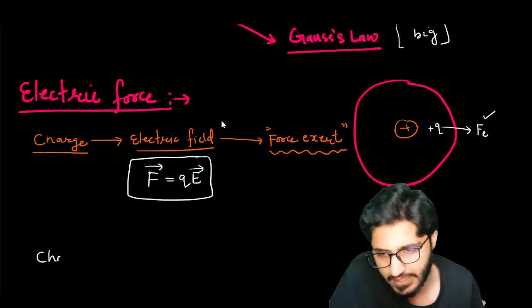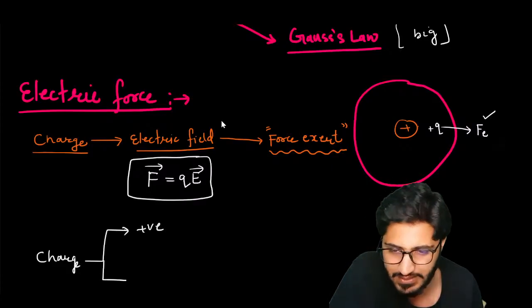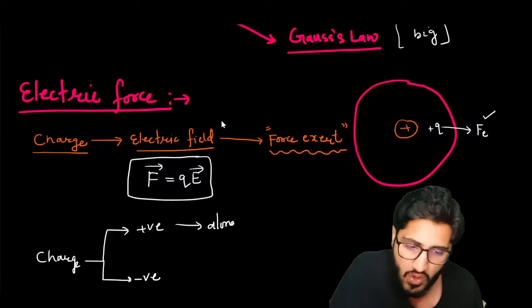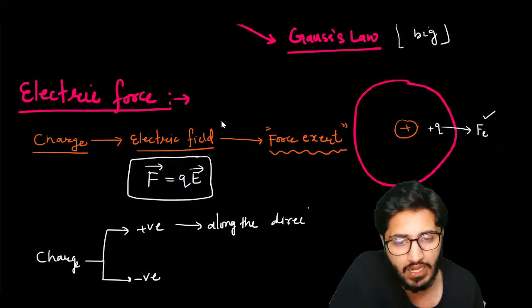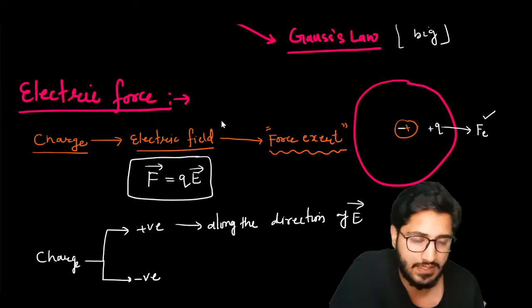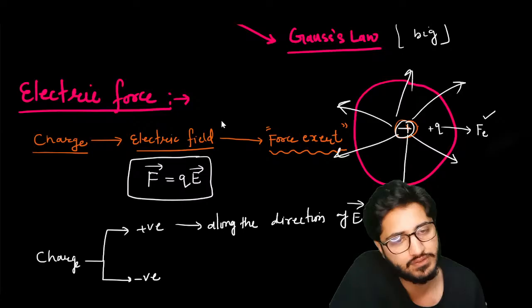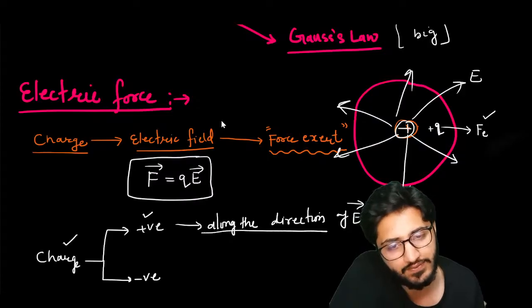We have two types of charged particles: positive charged particles and negative charged particles. For a positive charge, the force will be along the direction of the electric field. If this is my charged particle, its electric field will always be outwards. If we place a positive charge here, it will feel a force in the direction of the electric field.